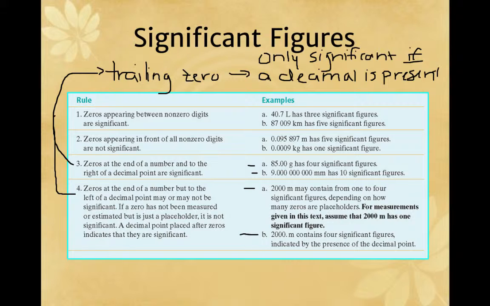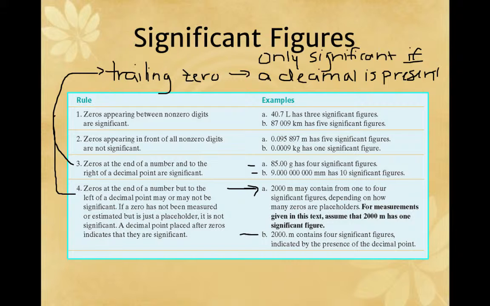For part B, they're the same number of trailing zeros, but if you look, there is a decimal point now. So there is a decimal in this number, so now they are considered significant. It's showing that for the top number, A, the measuring tool did not have very small increments of measurement.